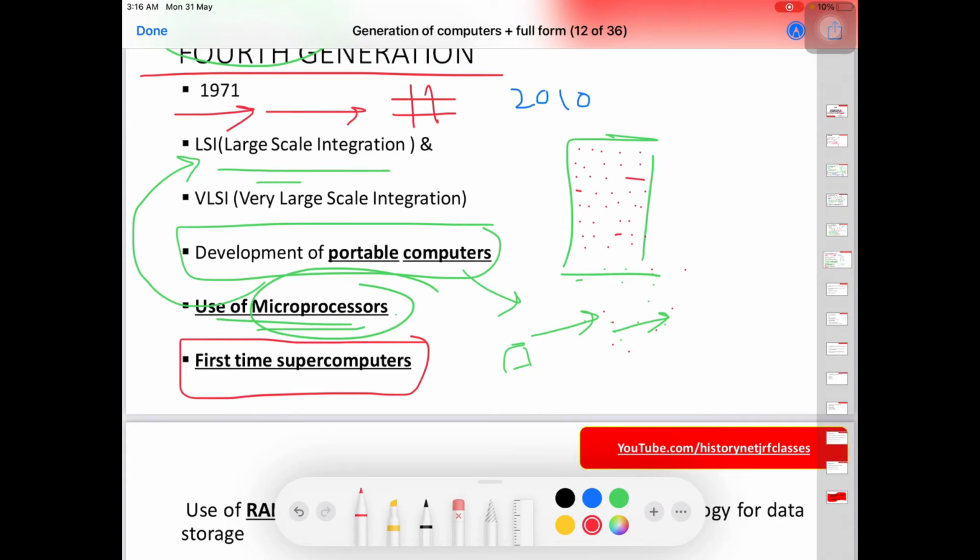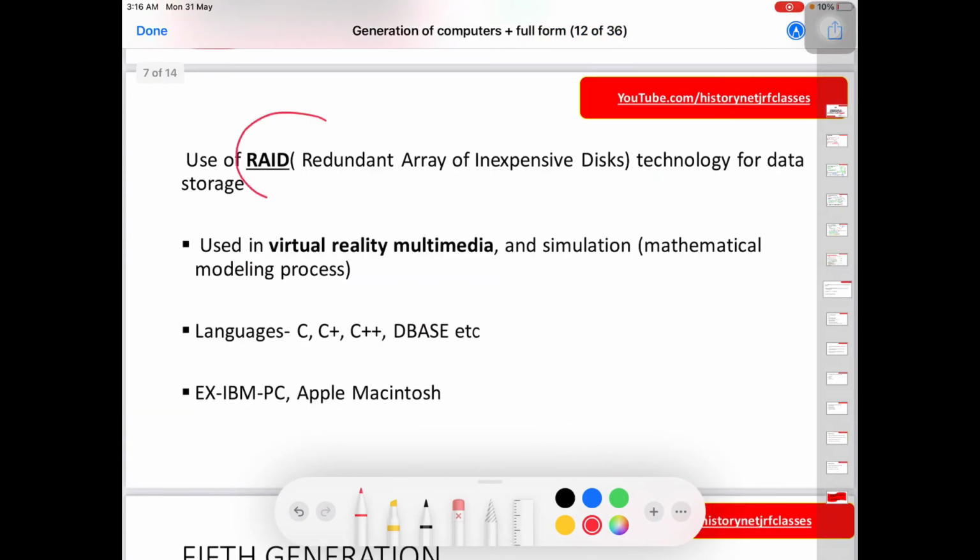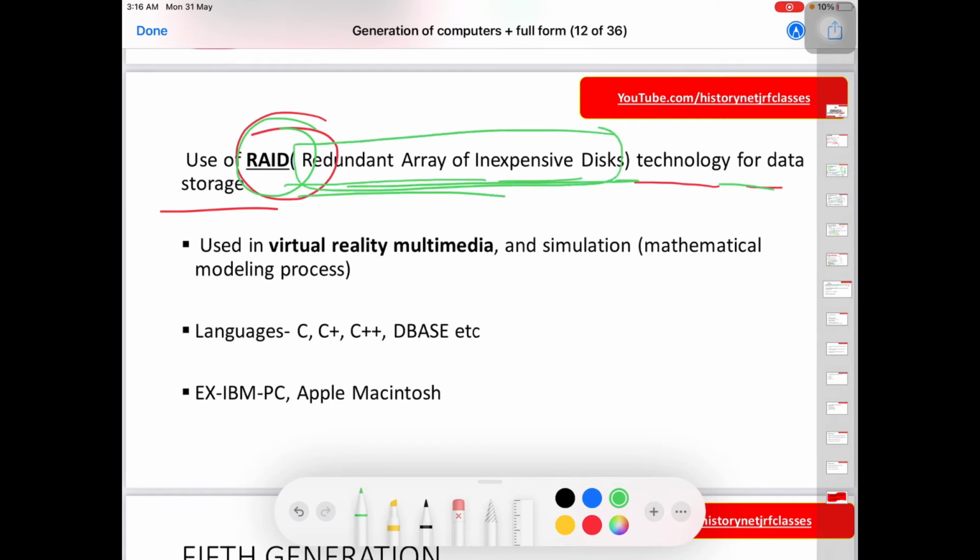Next, there is use of RAID technology for data storage. We had magnetic drum, magnetic disk, magnetic tape; now we have RAID in this generation. Its full form is redundant array of inexpensive disks.